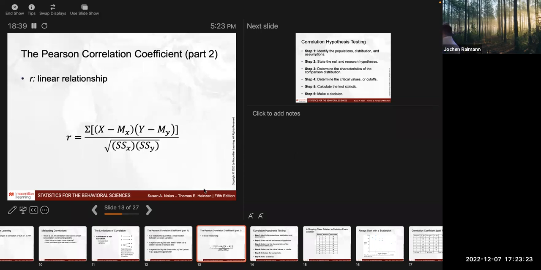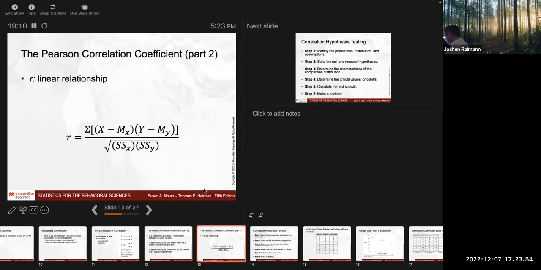If you have the mean of X and the mean of Y, that basically gives you a horizontal and a vertical line. If you calculate the respective deviations and you multiply them, minus and minus equals out, becomes a positive correlation. Plus and minus creates rather a negative correlation. So a negative numerator. So the numerator actually determines the direction.